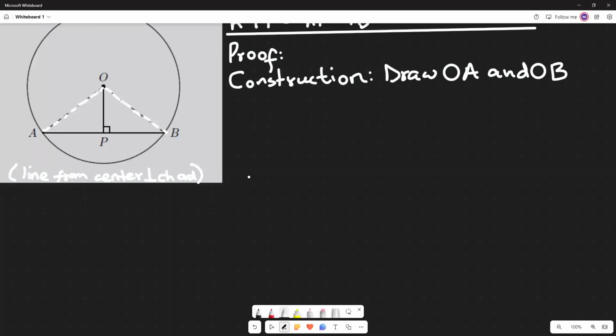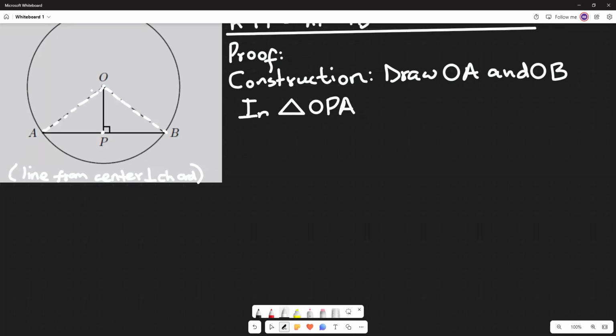The other way to prove this is through congruency. Okay, so let's check now. To prove this through congruency, the construction is still the same. You don't change it. So you say in triangle, you start here, OPA. So triangle OPA.